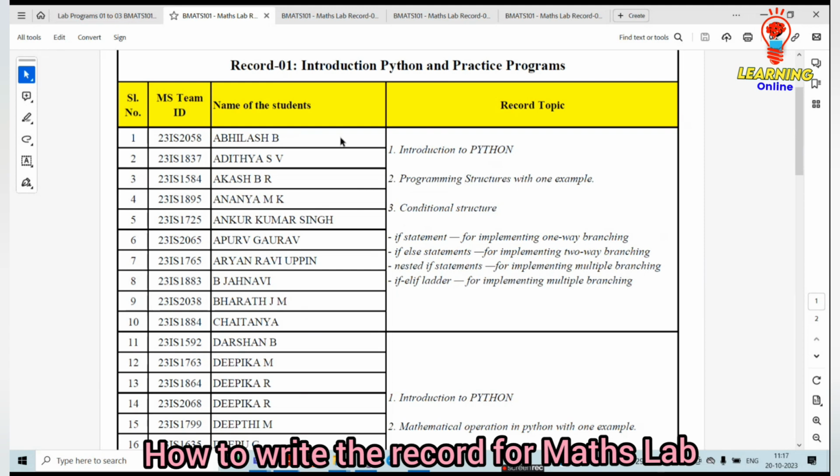For this set of people, you need to write the introduction, then programming structure with one example, then conditional structure, that is if statement, if else statement, nested if else statement, and else if statement. For this, one example you can write.